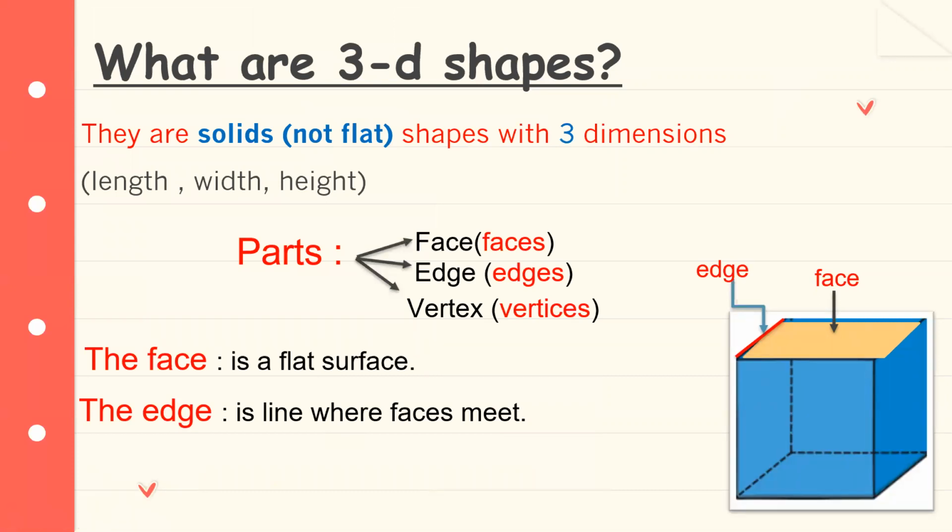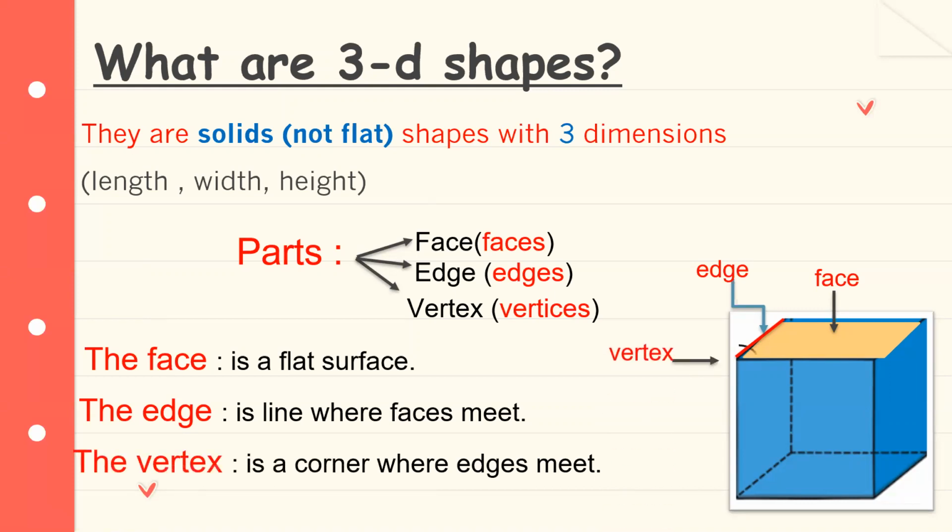When we have two faces, the line between them we call the edge. And what is the vertex, or vertices? It's a corner where edges meet.